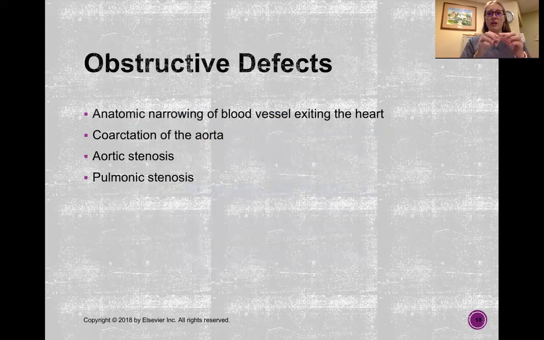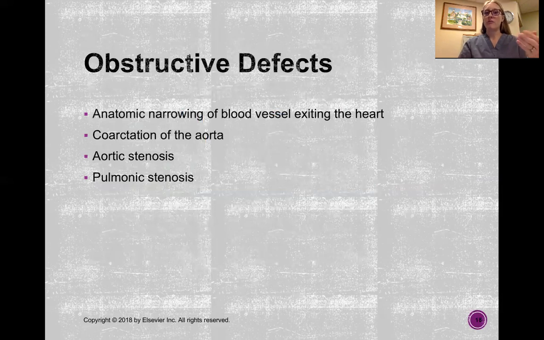So it can narrow at the exit, it can narrow at the actual arch, and all of these are going to increase the pressure before the narrowing and decrease the pressure after, and they're going to cause a decrease in cardiac output.